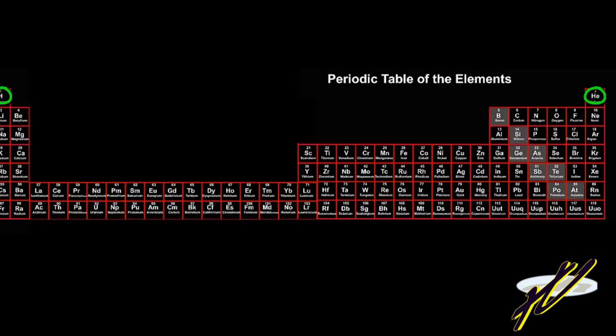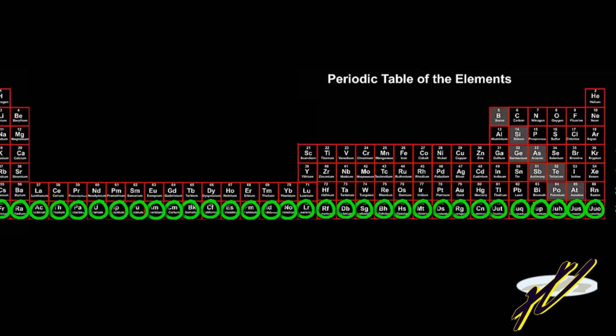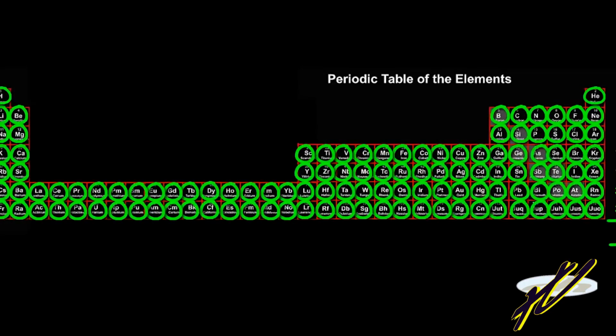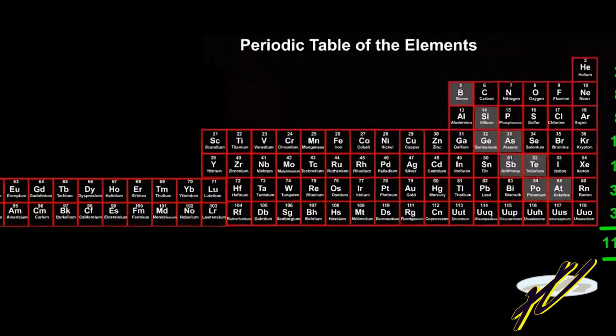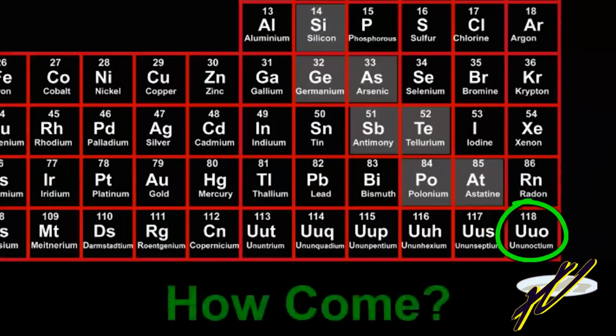2 in the first row, 8 in the second, 8 in the third, 18 in the fourth, 18 also in the fifth, 32 in the sixth, 32 in the seventh. Altogether, there are 118 elements. How come?